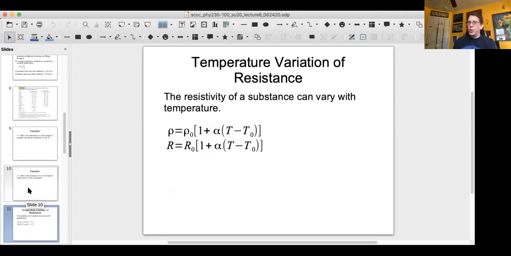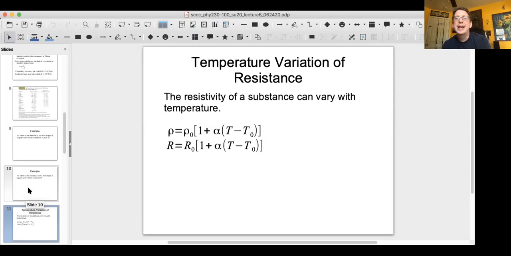So the basic equation involved for the temperature variation of resistance, and since resistance and resistivity are proportional to each other, the equations are essentially identical, is that the resistivity at a given temperature is equal to the resistivity at a reference temperature, typically 20 degrees Celsius. And so the values in the table are given at 20 degrees Celsius, but it doesn't necessarily have to be that value. And then in brackets, you have 1 plus alpha, where alpha is the temperature coefficient of resistivity.